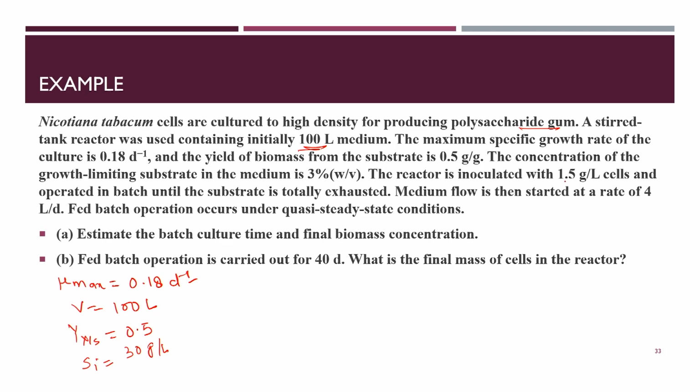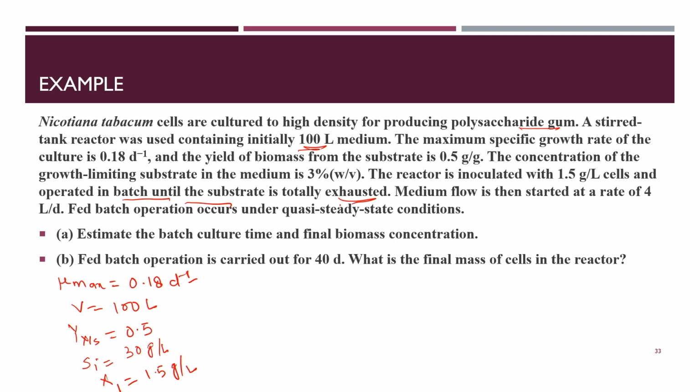The reactor is inoculated with 1.5 gram per liter of cells. The Xi is 1.5 gram per liter, and it is operated in batch mode until the substrate is exhausted.